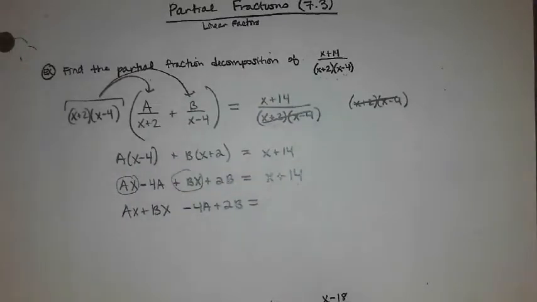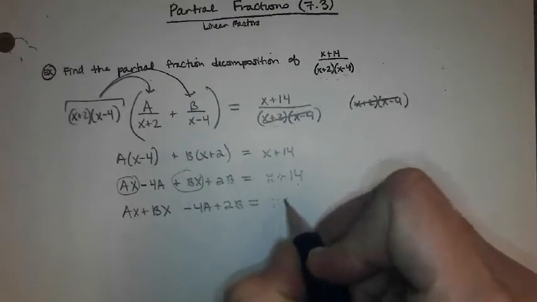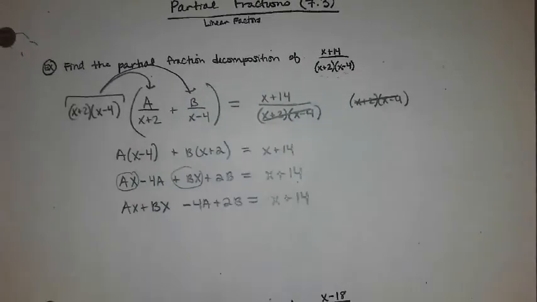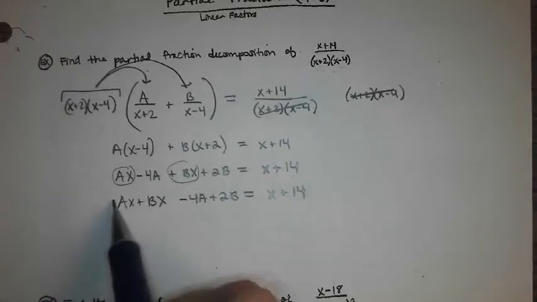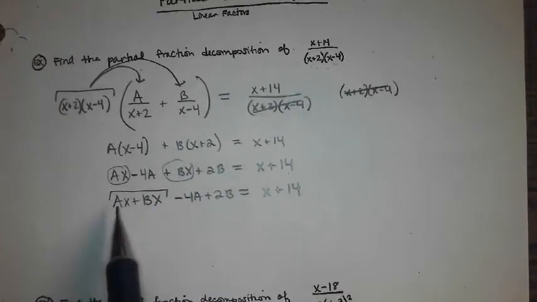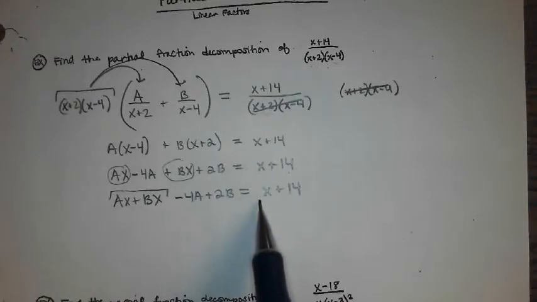A and B are constant numbers of some sort. We just have to figure out what they are so that we would combine them appropriately and get 1x plus 14. So this is where your systems of equations are going to come in. Your x terms that have coefficients of A plus B, in order to match the right-hand side, needs to equal what?